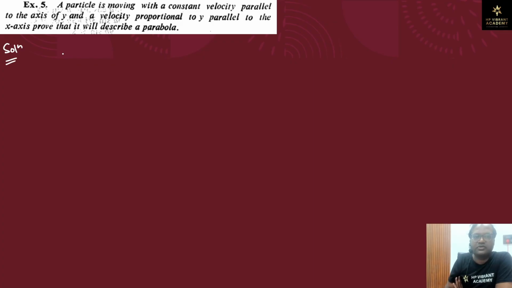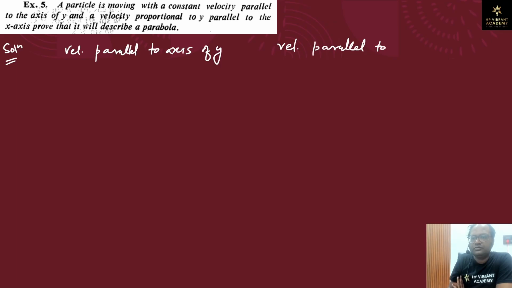A particle is moving with a constant velocity parallel to the axis of y and a velocity proportional to y parallel to the x-axis. So similar to the last question. Okay, so let us write down the velocity parallel to axis of y and the velocity parallel to axis of x.